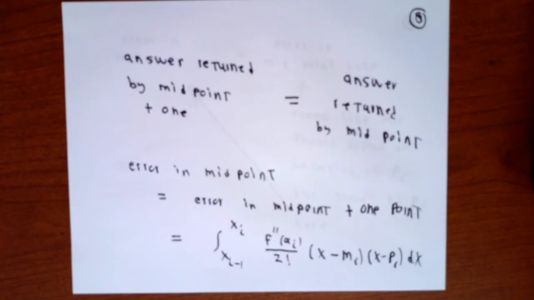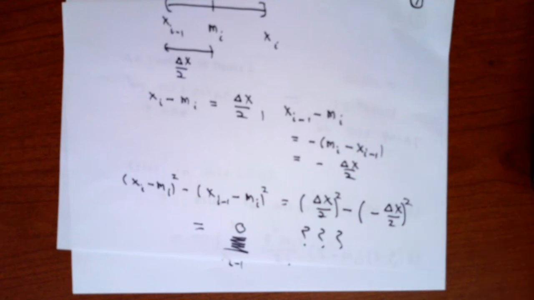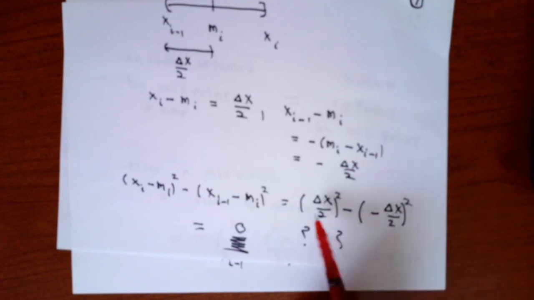Weirdly, the reason that this is true is because the midpoint is exactly halfway from one end and also halfway from the other end. That is the only reason that this is happening. It's happening because this difference works out to be 0.